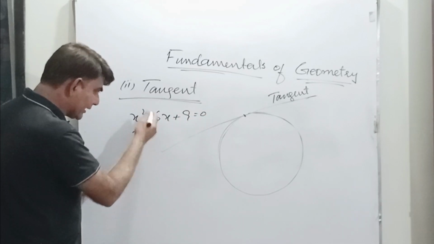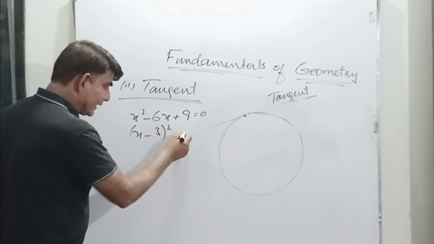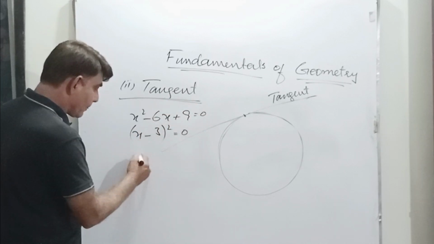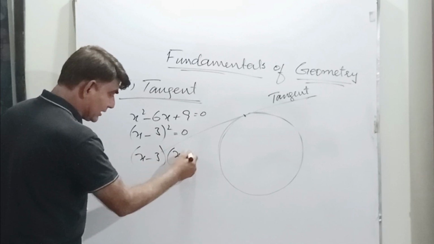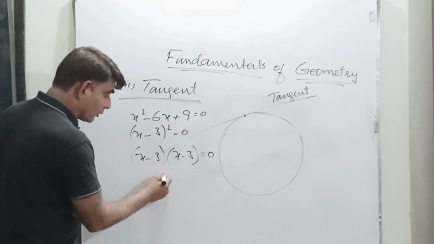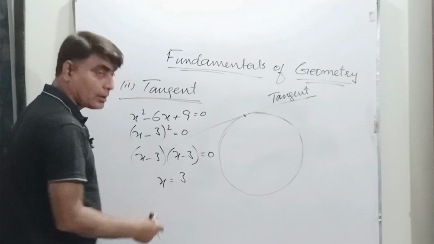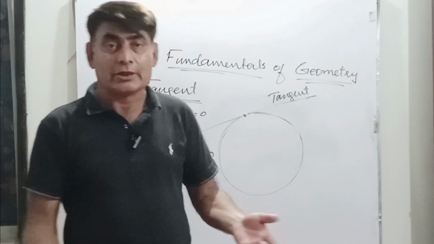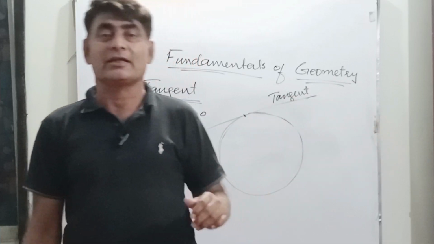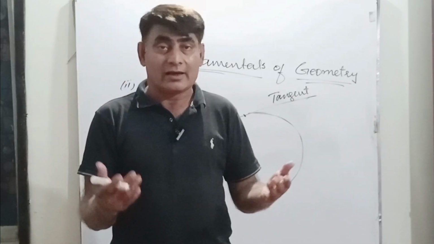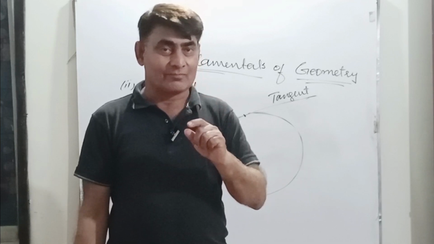This can be written as (x minus 3) whole square, so both the factors x minus 3 equal to 0, and the root will be 3. So common roots. In case of common roots, the line must be a tangent to the circle. But in case of different roots, different values, it is not a tangent, it is a secant, right?